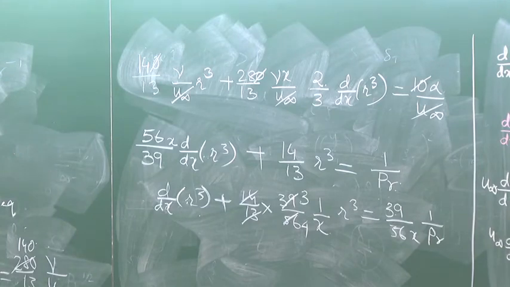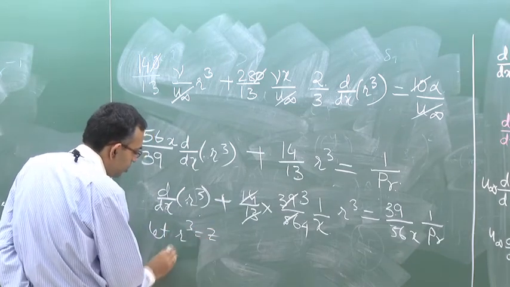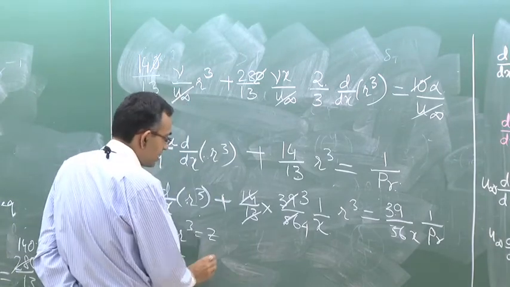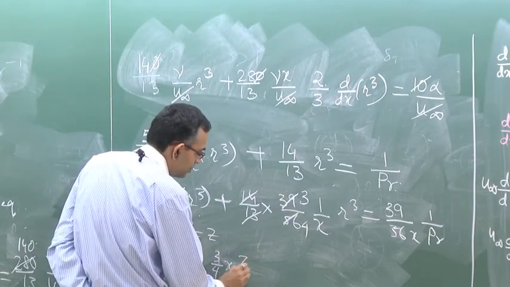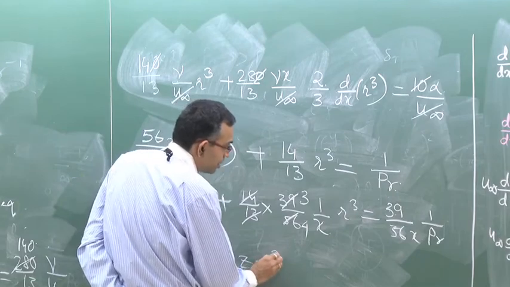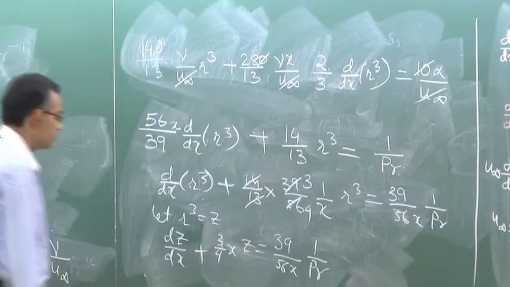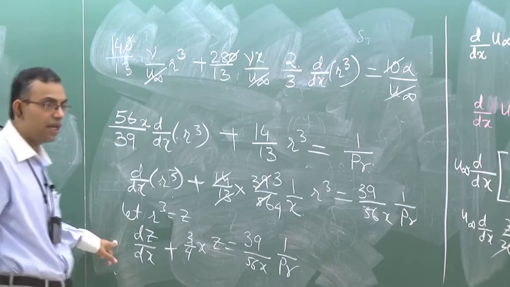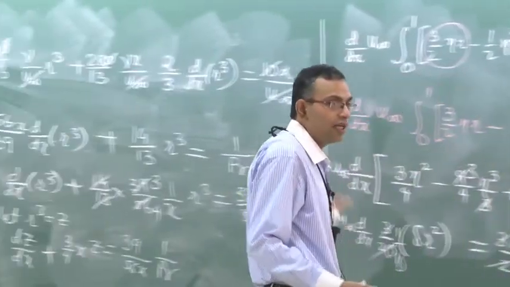Okay. So this equation, if you take r cube equal to z, you can write dz dx plus 3 by 4 x into z is equal to 39 by 56 x into 1 by Prandtl number. So this equation is of the form dy dx plus py is equal to q. So the solution of this equation relies on multiplying with the integrating factor.